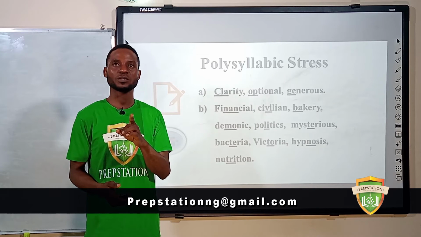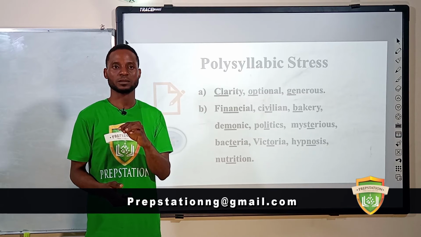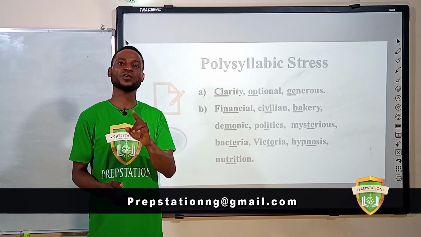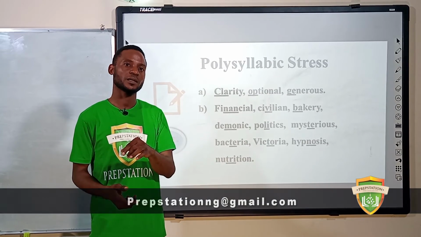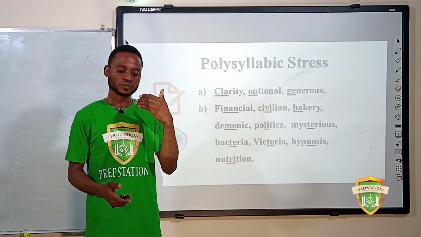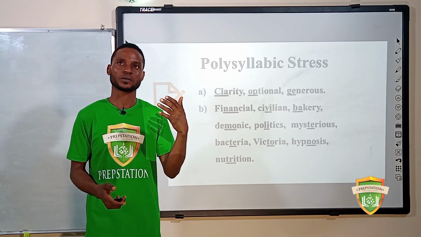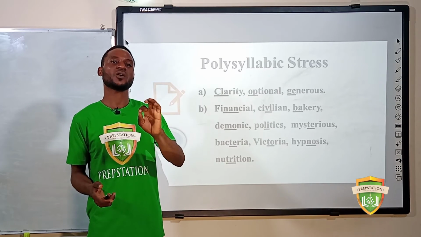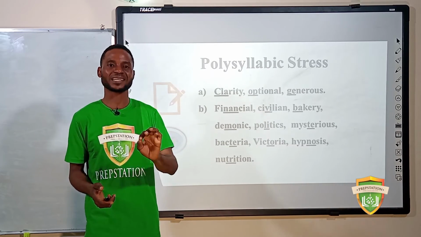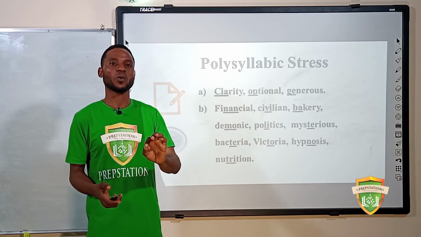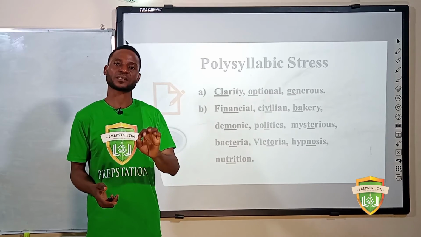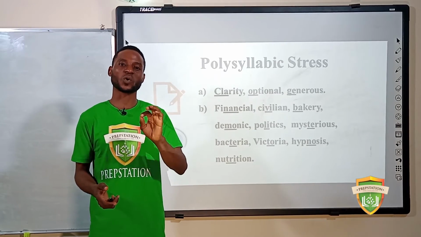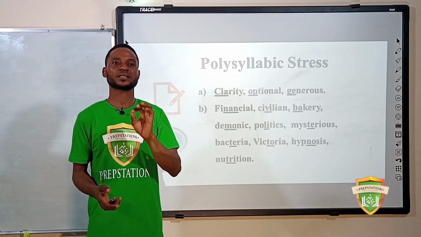If it is a noun, you're going to have CONtact, because the primary stress is on the first syllable. But if it is a verb, you're going to have conTACT. Then, like I said, for nouns and adjectives, the primary stress is always on the first syllable of a bisyllabic noun or adjective. Then, for verbs and adverbs, the primary stress is always on the second syllable.